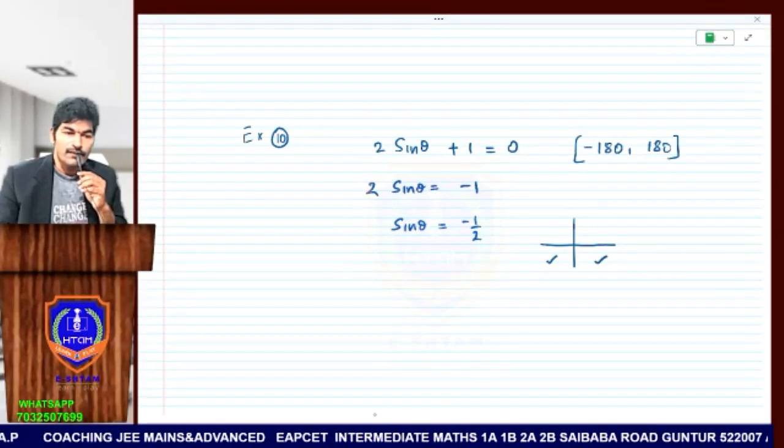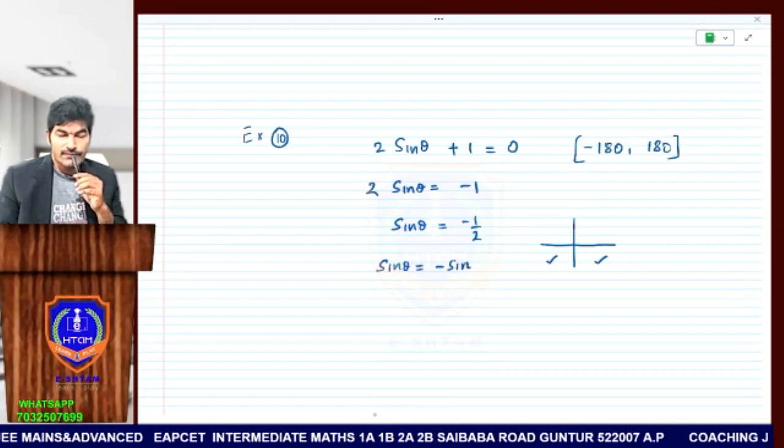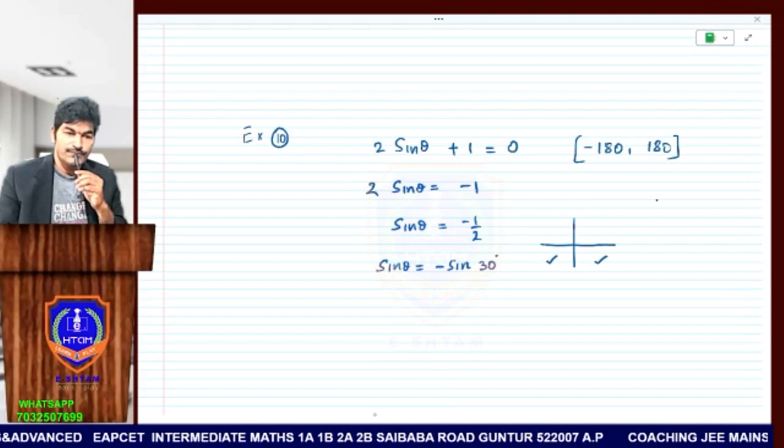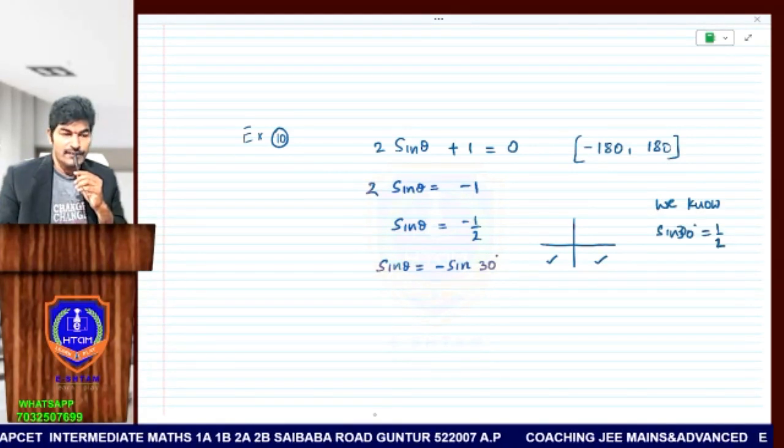Sine theta is equal to minus sine of an angle whose value is 1 by 2. We know that sine 30 degrees is 1 by 2. So just write down 1 by 2 as sine 30 degrees.